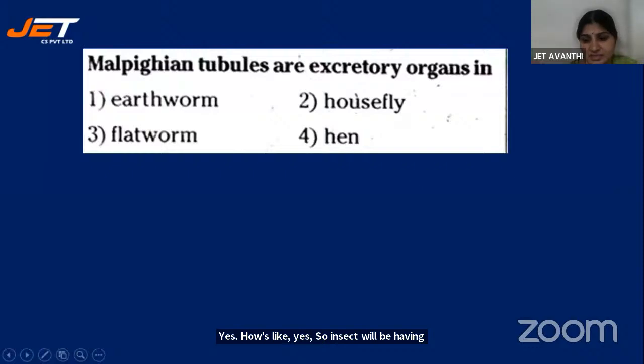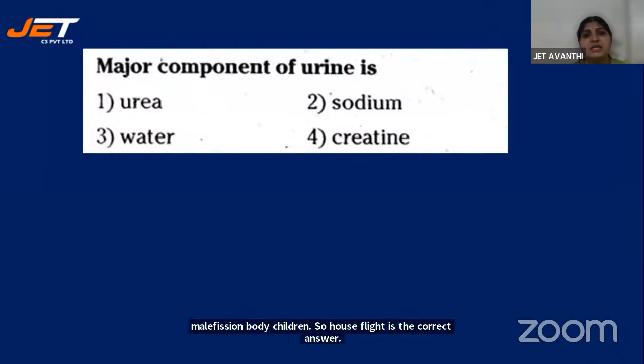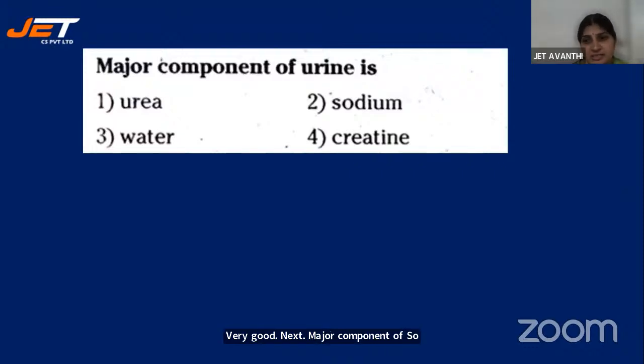Very good. Next. Major component of urine. They are not mentioning the organism here. So the major component of urine is what? Urea, sodium, water, creatine. What's the answer, children? Yes, very good. As I told you, majorly water reabsorption will be happening in the renal tubular part.